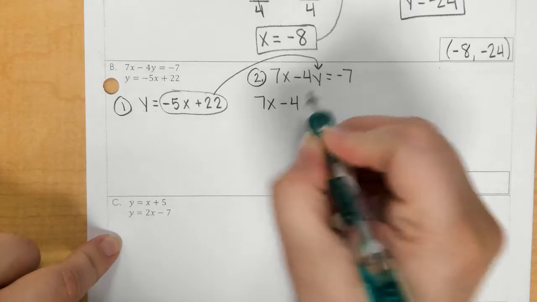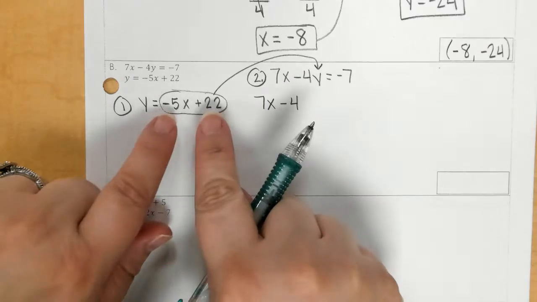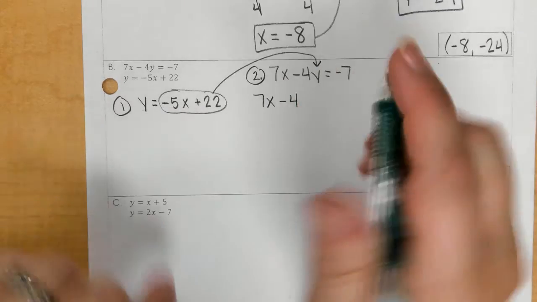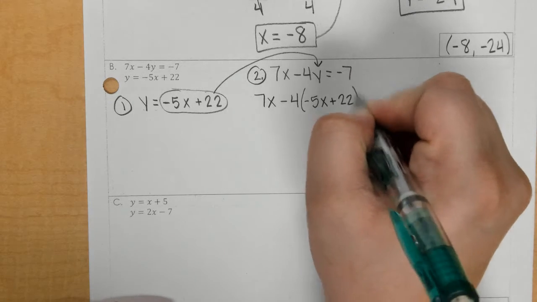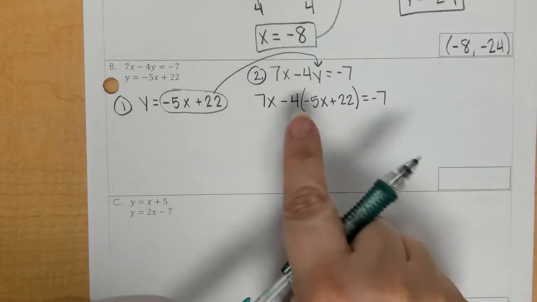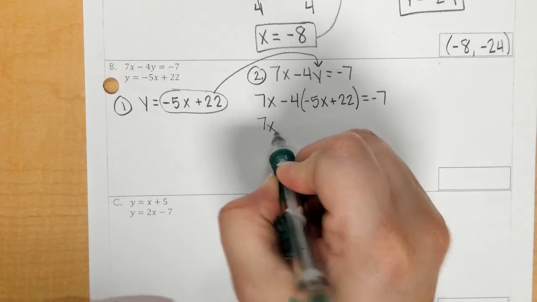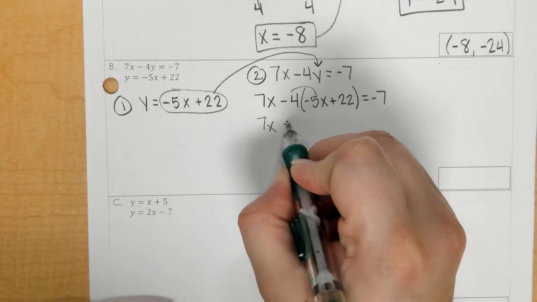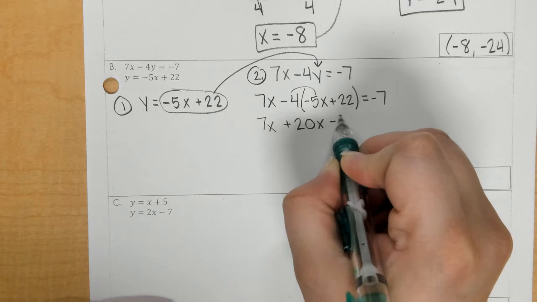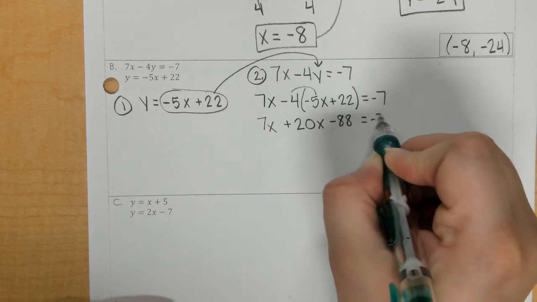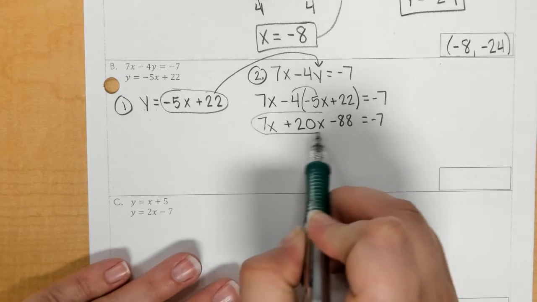But as we notice, we have a coefficient of negative 4 in front of y, and so when we plug all of this in to y, we need to put parentheses. And now it shows that we have the distributive property here. So 7x, distribute the negative 4, all right, then we can combine like terms.